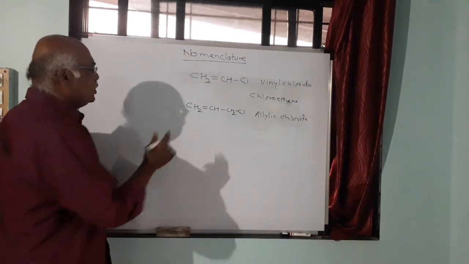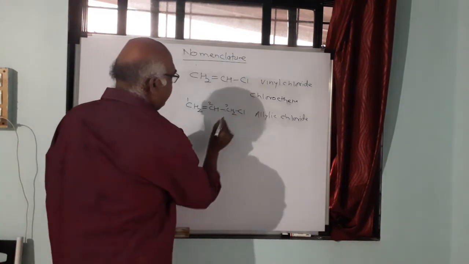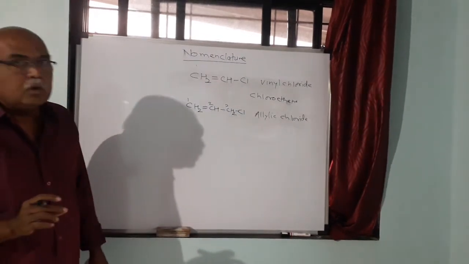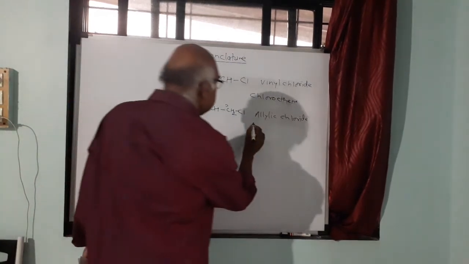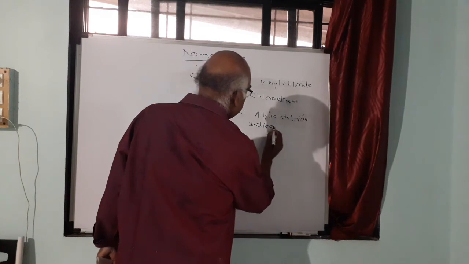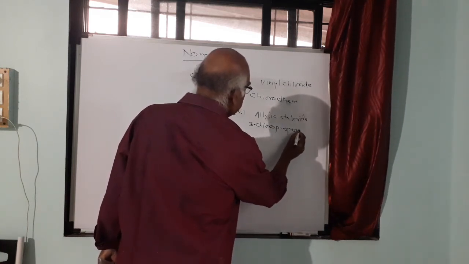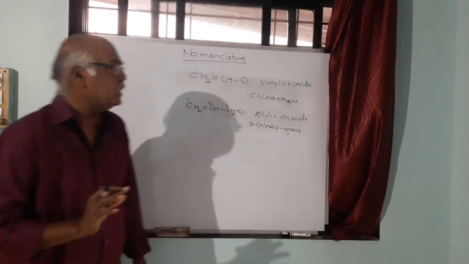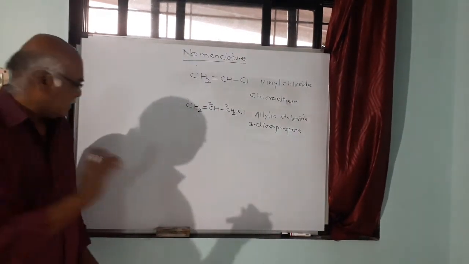So we have to start numbering like this: 1, 2, and 3. Now on carbon atom number 3 there is chlorine, so this will be 3-chloropropene. Okay, so this is the name of allylic chloride.